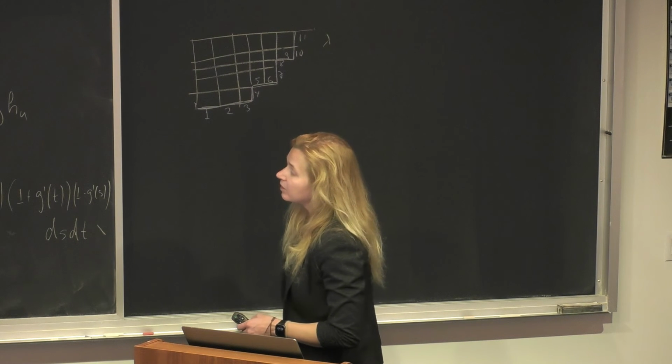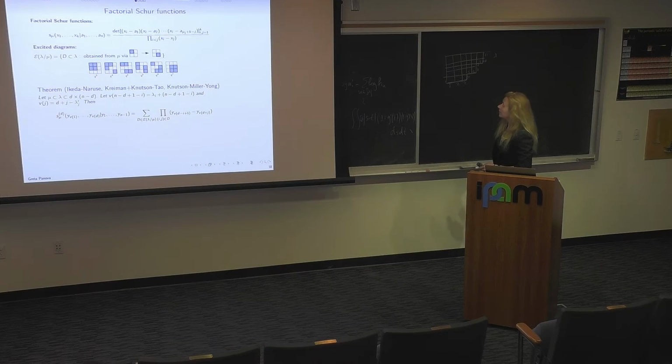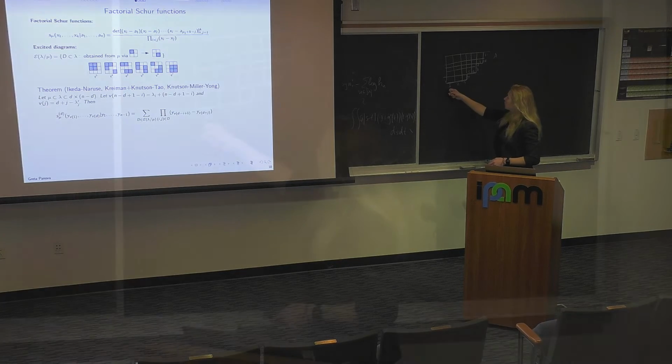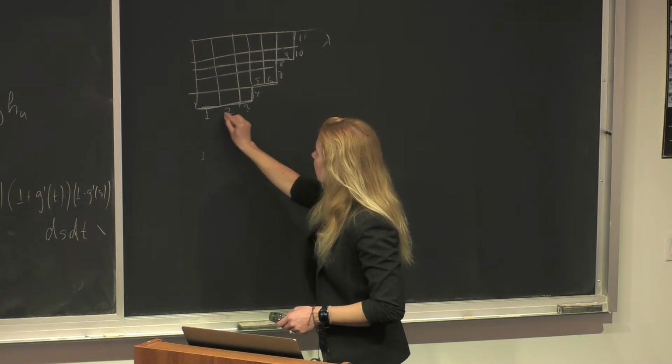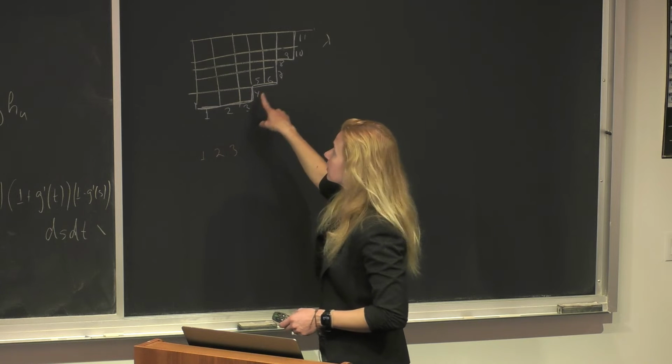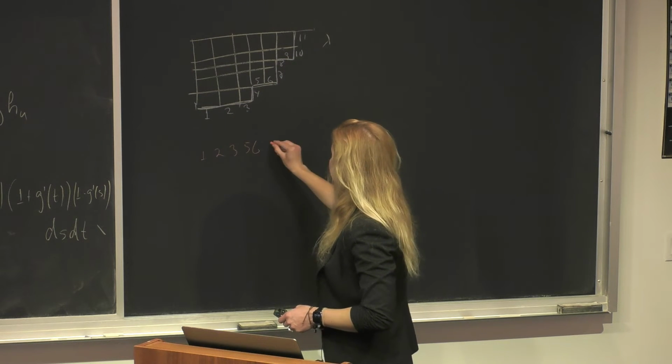And now we are going to read off a permutation from this. I'm always confused which order things go, but one of the two. So we read off first the horizontal steps: 1, 2, 3. Where is the next horizontal step? It is 5, 6, 9.